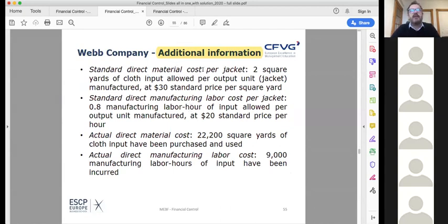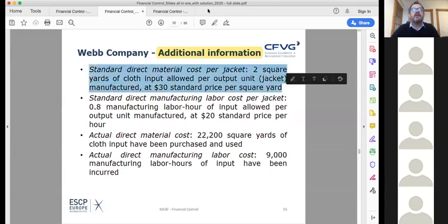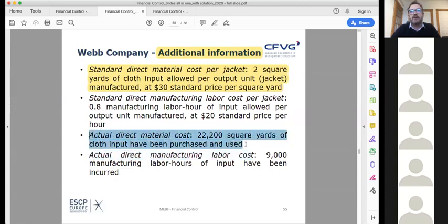So standard direct material cost per jacket, 2 square yards of cloth inputted for each output unit at $30 standard price. Okay, so you need this information and you need this information as well. Actual direct material cost.